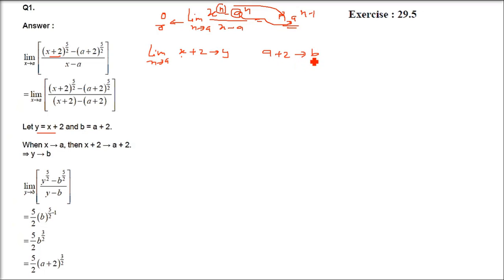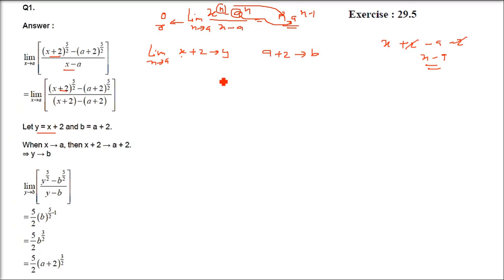Y becomes a plus 2, but a plus 2 is b. So we have to change the limit. Now y is b, so y tends to b. And in the denominator we are writing x plus 2 minus a minus 2, because the 2 gets cancelled.